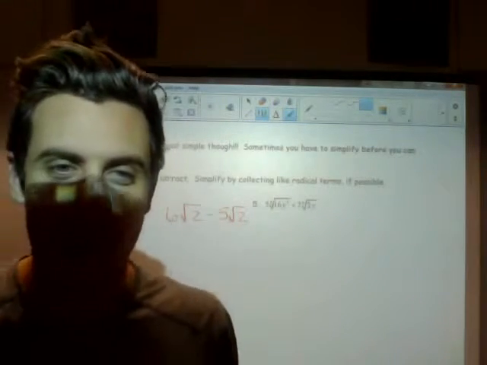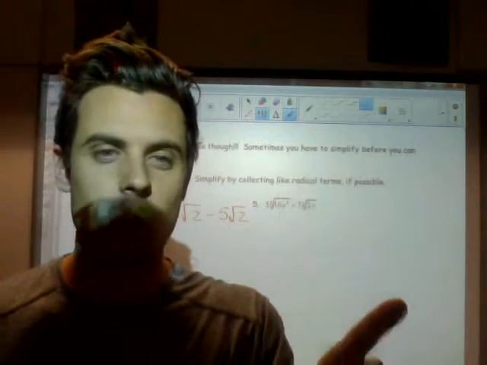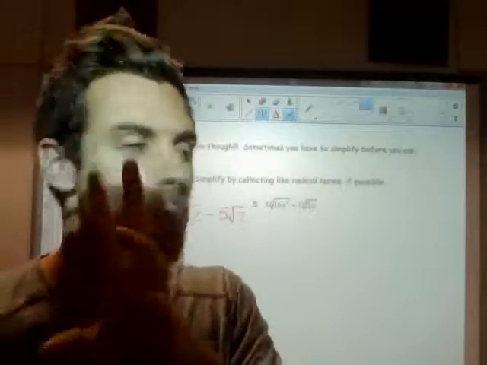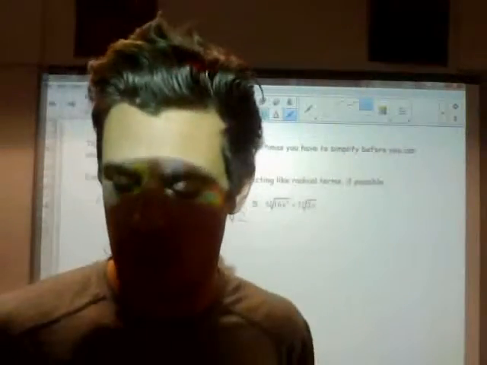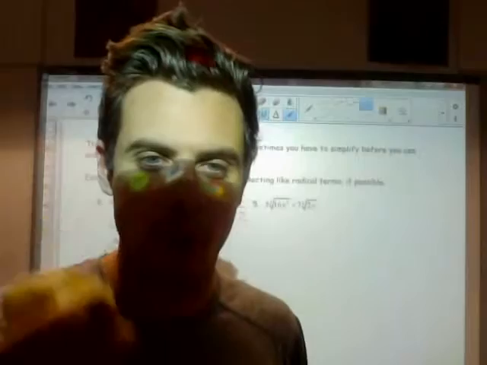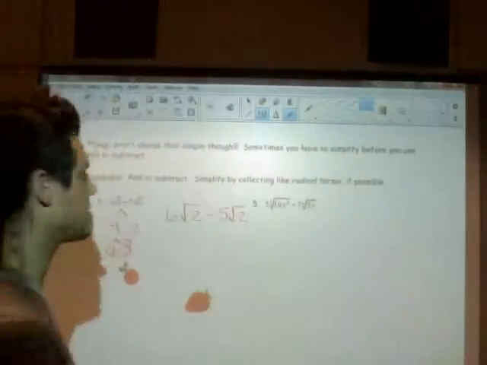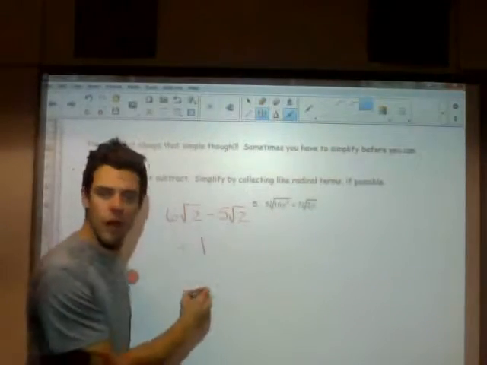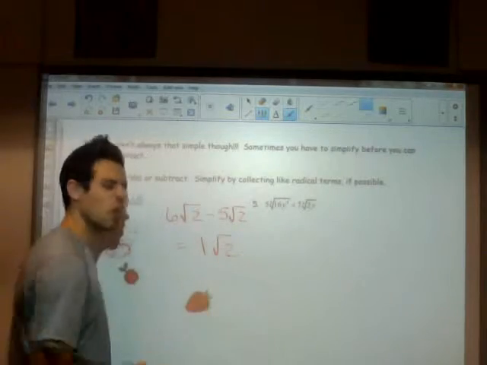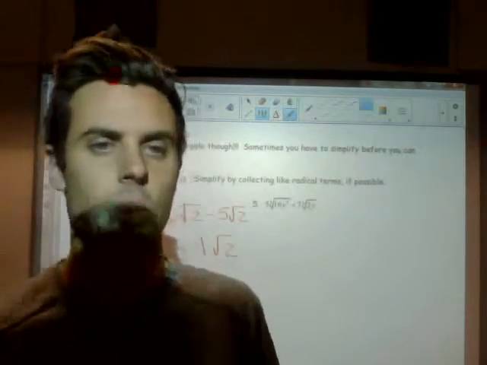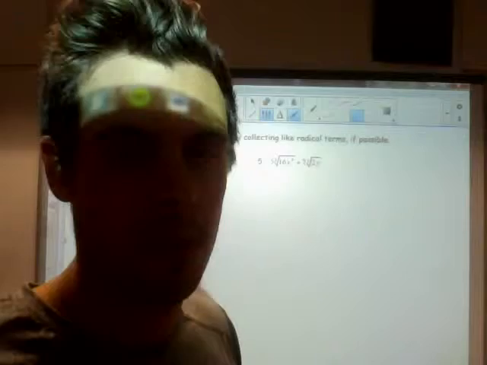That's a total of 1 root 2. 6 apples minus 5 apples is just 1 apple in the end. Okay, it simplifies to 1 root 2. And if you want to ditch the 1, you can ditch the 1. There's just 1 root 2 in the end.